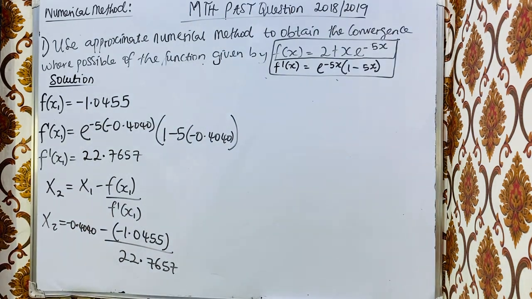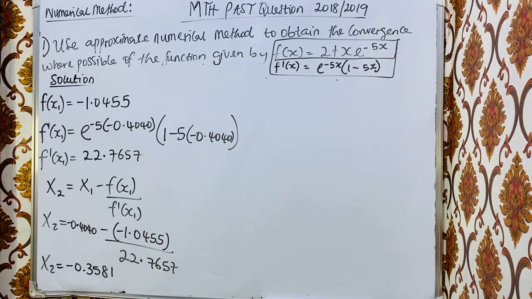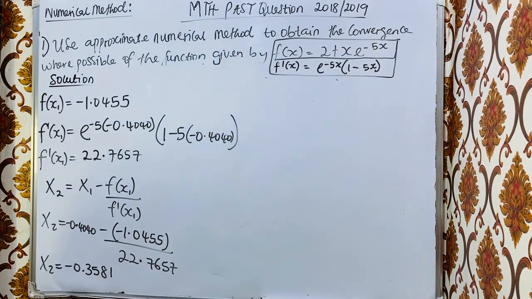When you punch it in your calculator, our x2 is negative 0.3581.